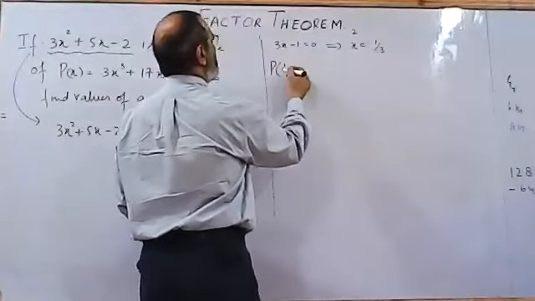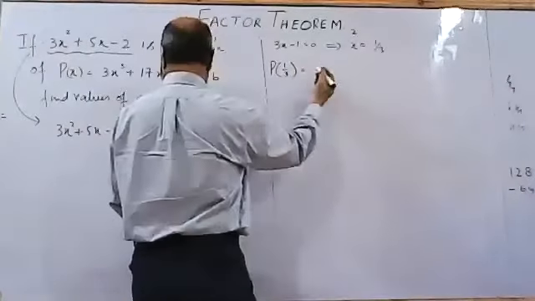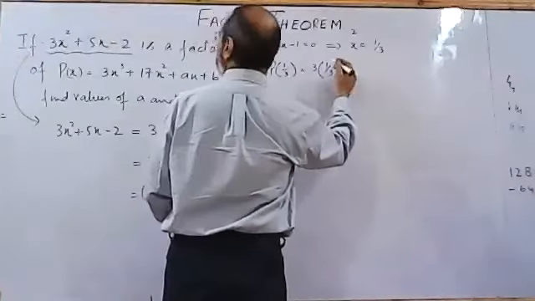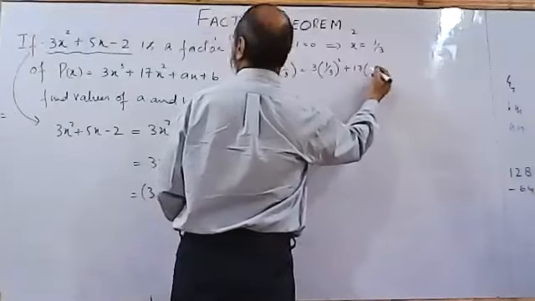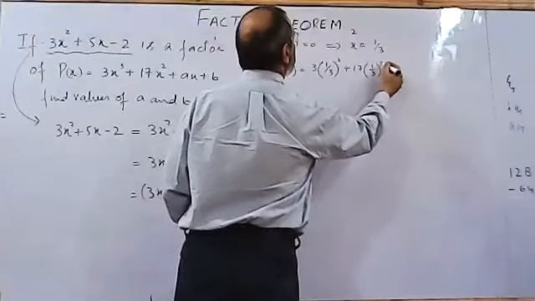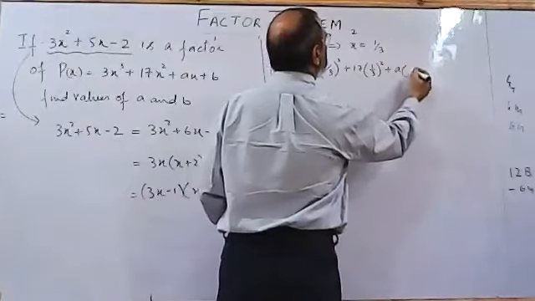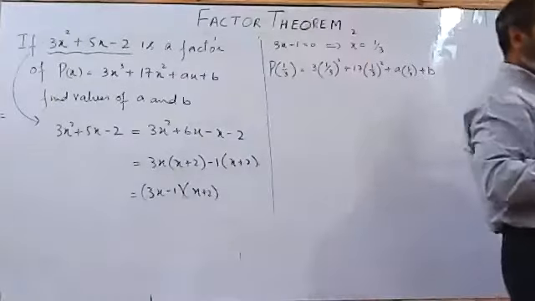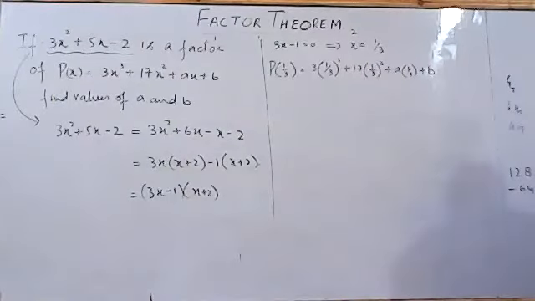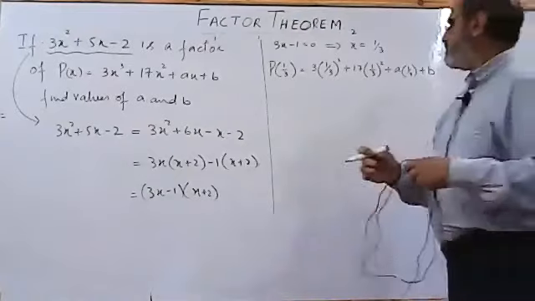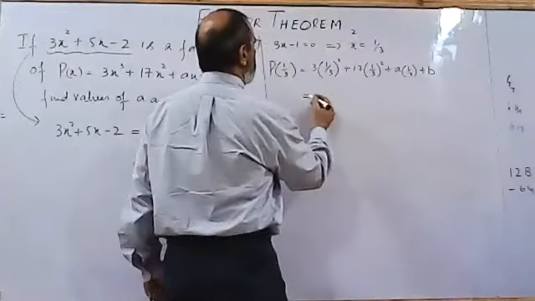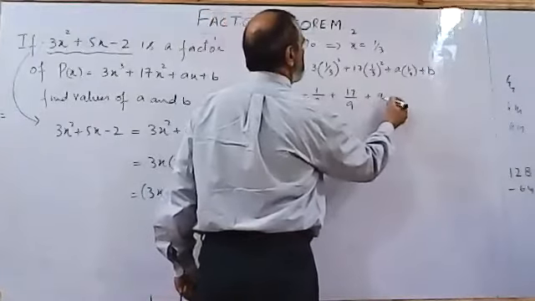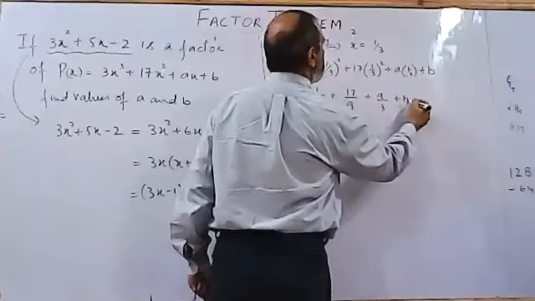So P(1/3) is equal to 1 by 9, 17 by 9, a by 3 plus b.